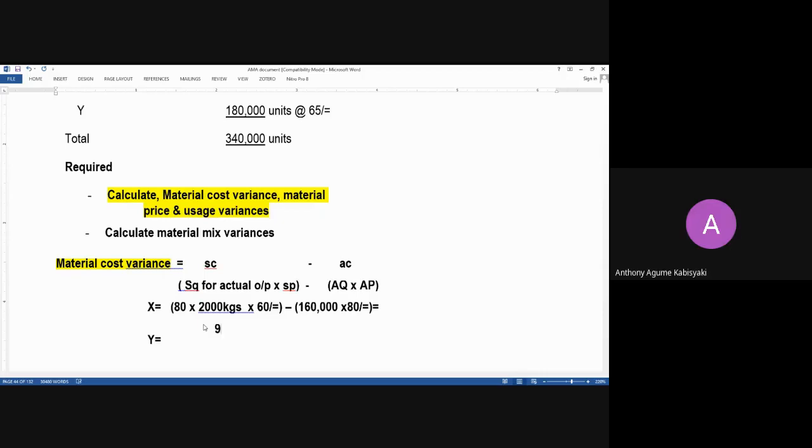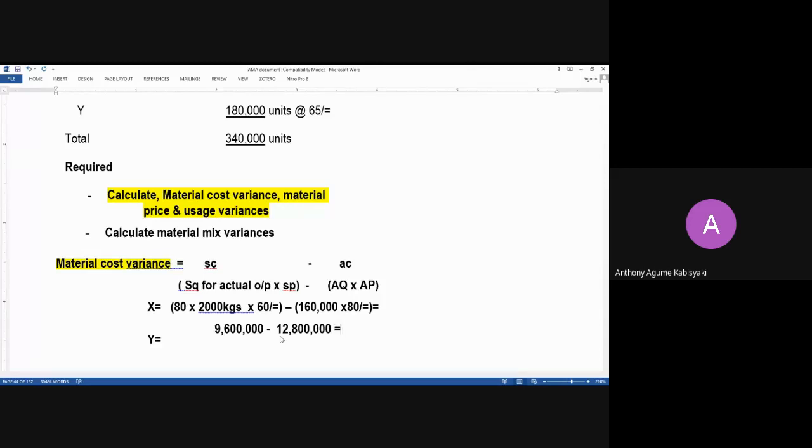Then I subtract the one for the actual cost. 160 times 80. It is 12.8. So what do you see here?